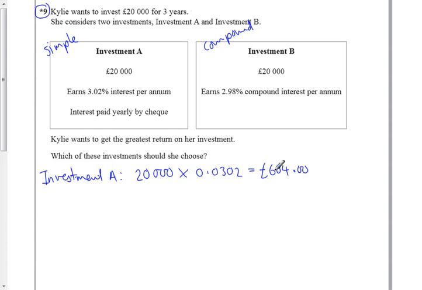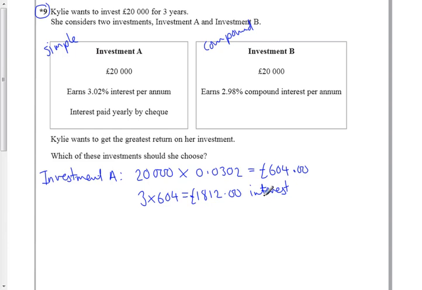She's going to get a check because she's investing for 3 years. So she gets 3 times £604, which is £1,812 interest.